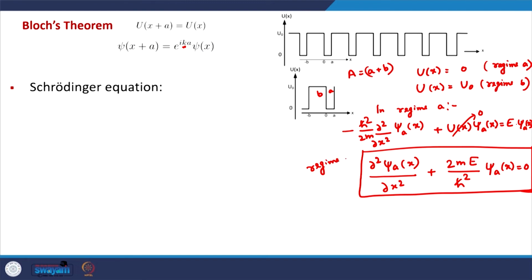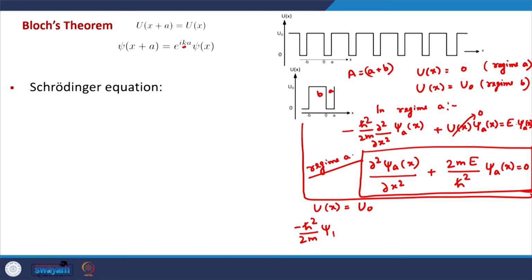In regime B, the potential energy is U naught. So, the Schrodinger equation now would look like minus h bar square divided by 2m del 2 psi B(x) by del x2 plus u naught psi B(x), where the wave function in this regime is represented as psi B(x), equals the energy of the electrons times psi B(x).